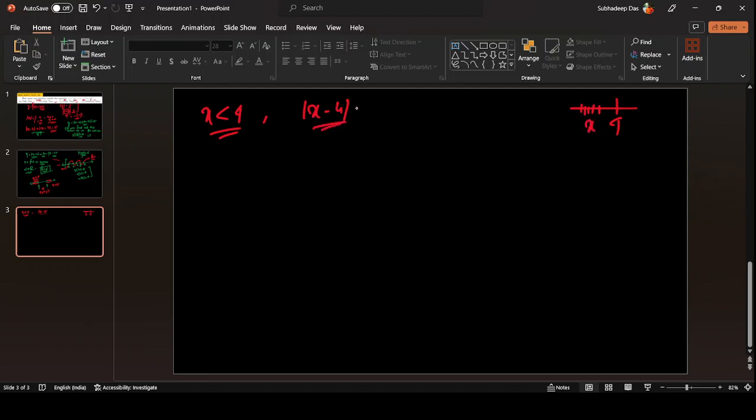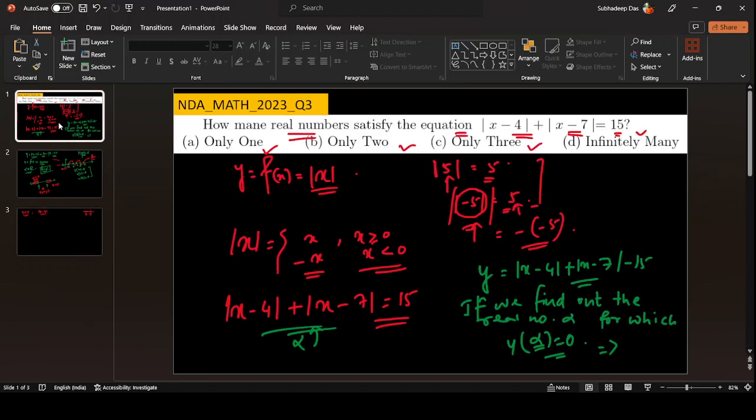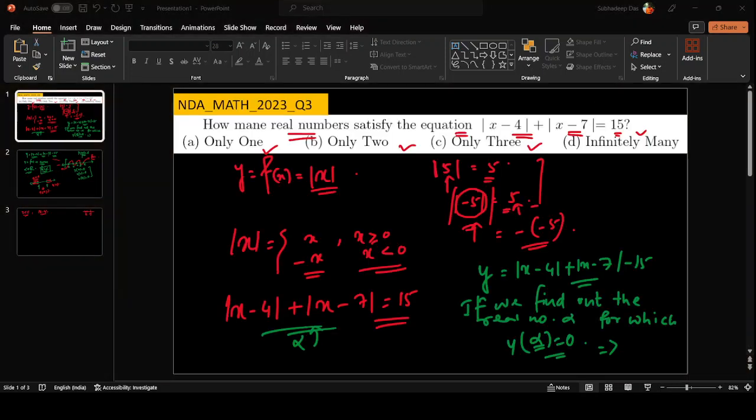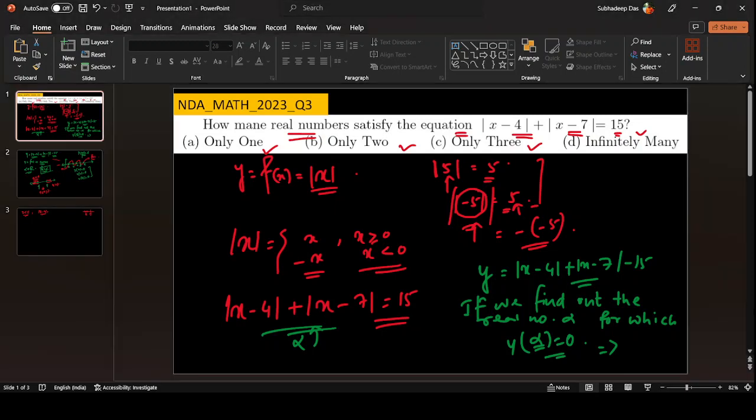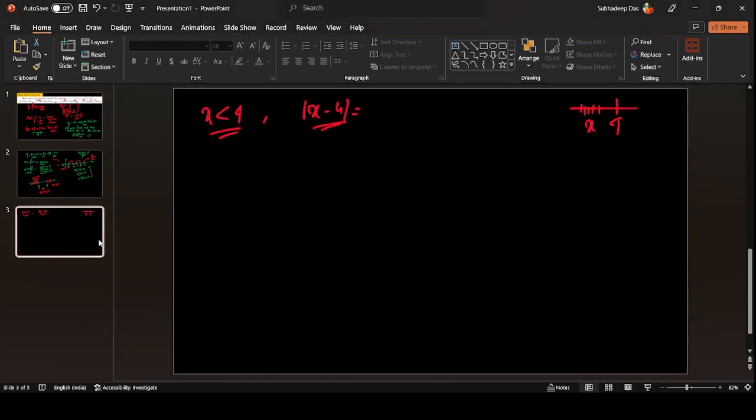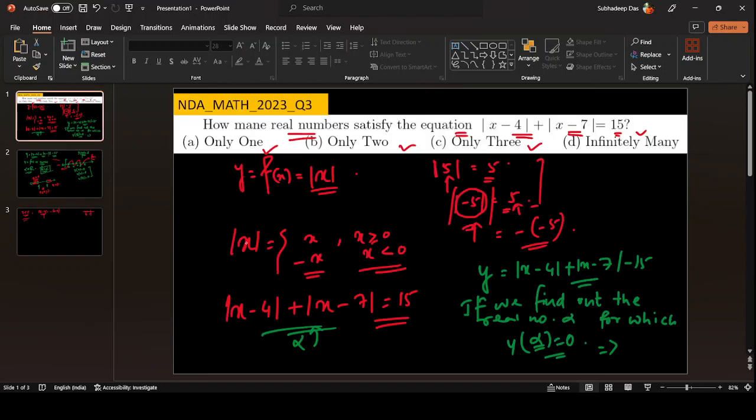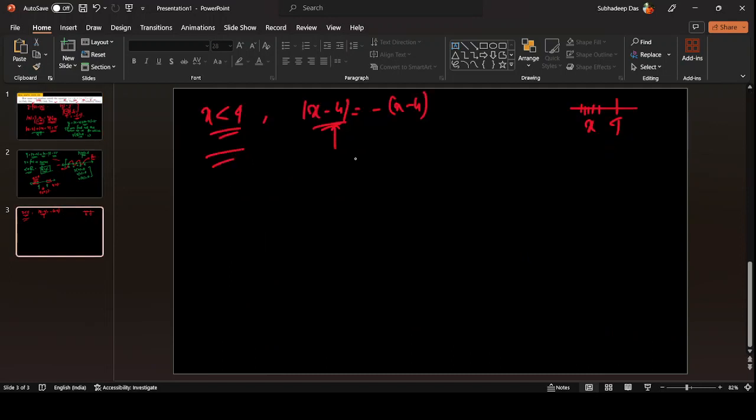So |x − 4| gives us −(x − 4), because as we can see, |x| = −x when the value is less than 0.